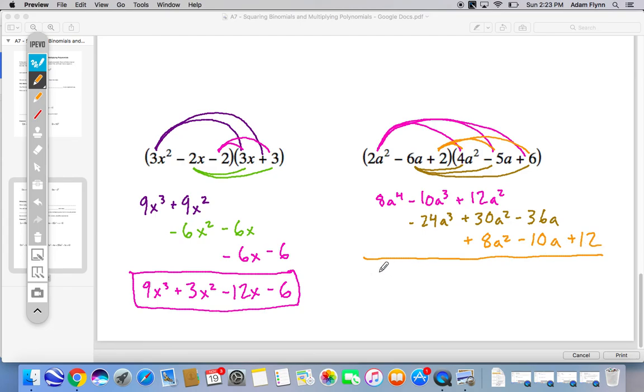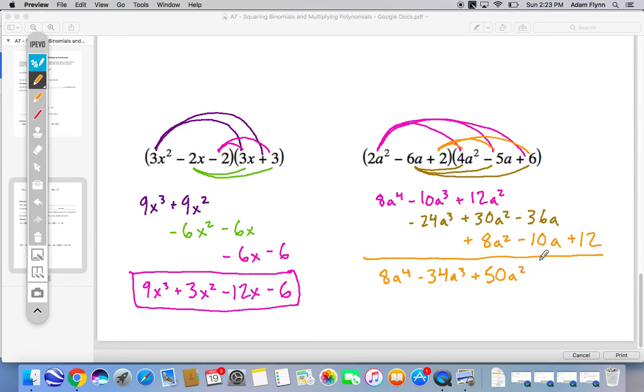So I have 8a to the fourth, negative 10a cubed minus 24a cubed is negative 34a cubed. Now I have 12a squared plus 30a squared plus 8a squared. So 12 plus 30 is 42 plus 8 leaves me with a positive 50a squared.